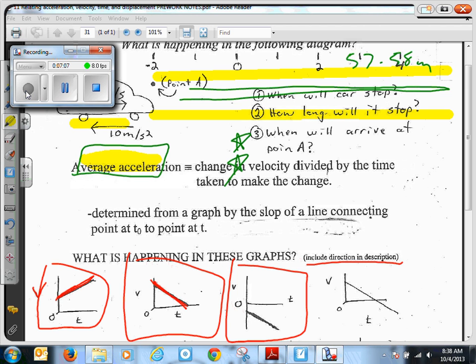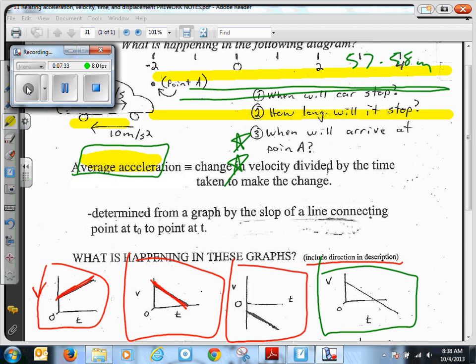The answer was you're starting with a negative velocity and you have a negative slope on the velocity time graph, which shows that we have a negative acceleration. So the signs of the acceleration and velocity are in the same direction. This thing is speeding up. Very important to know. That's a perfect answer. And then last but not least, this graph right here.